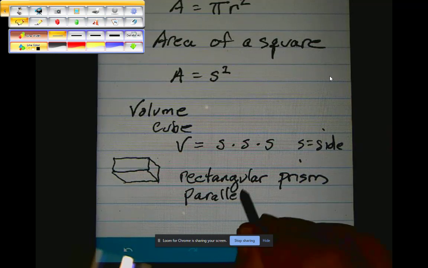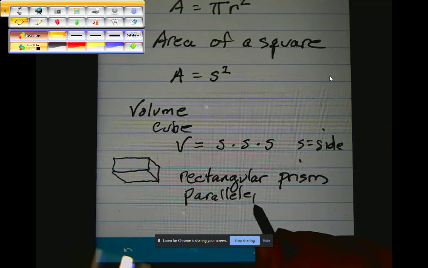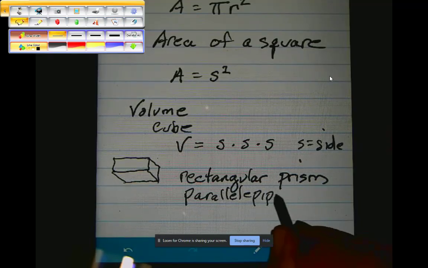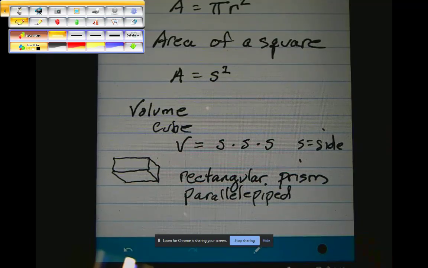Well, nevertheless, as you can tell, I always use the term rectangular prism. And a rectangular prism's volume is the length times the width times the height.